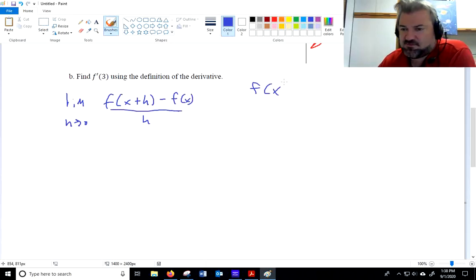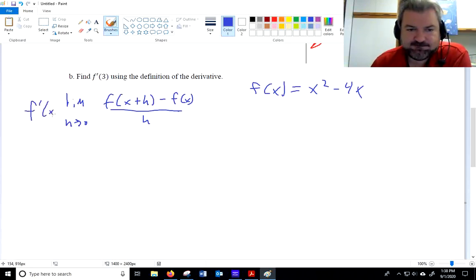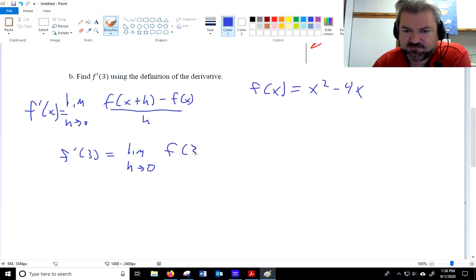I can't see it because I scrolled down, but f of x is x squared minus 4x, right? Okay, so let's keep that in mind. All right, so f prime of 3 is the limit as h approaches 0 of f of 3 plus h minus f of 3 all over h.